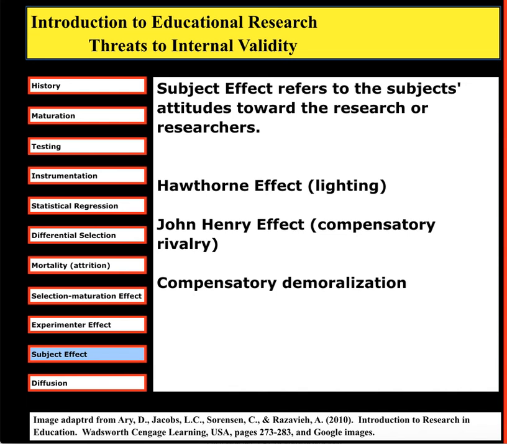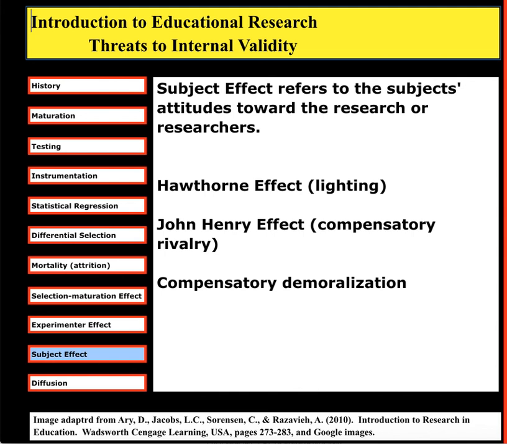And what it was is the subjects realized that they were in a research study, and so they were trying to act like they thought the researcher wanted them to act. That's referred to as the Hawthorne effect. And then there's the John Henry effect, which is another typical one, and that's called compensatory rivalry. And then there's compensatory demoralization.